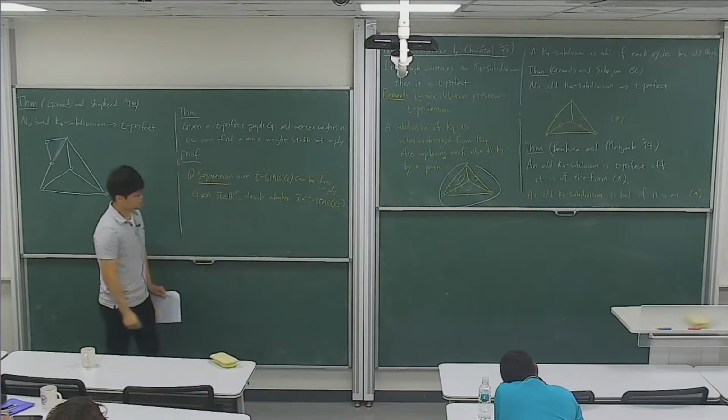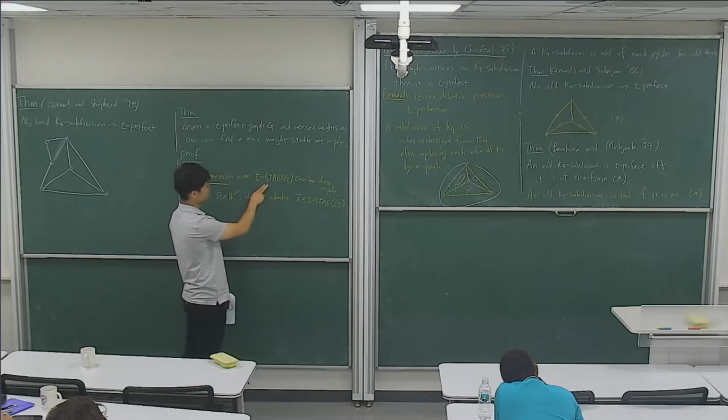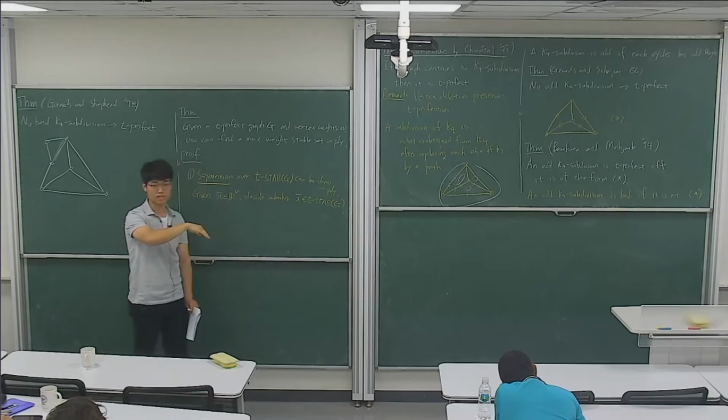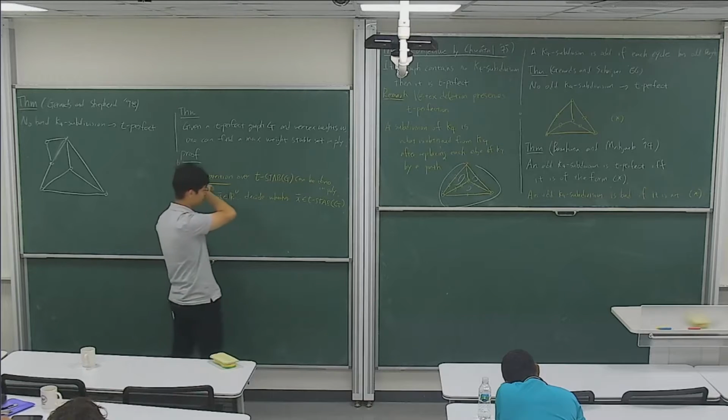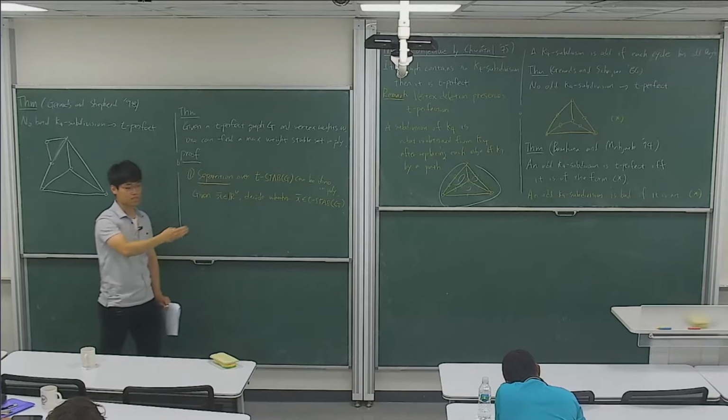Okay. So the problem is you have exponentially many inequalities because you have exponentially many odd cycles, but you can separate over this polytope easily.